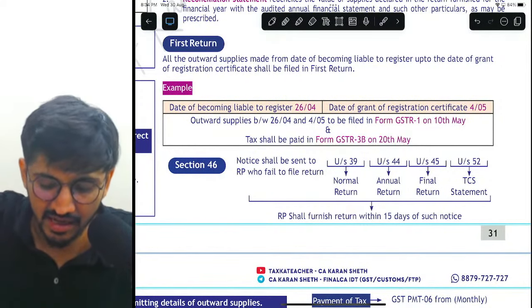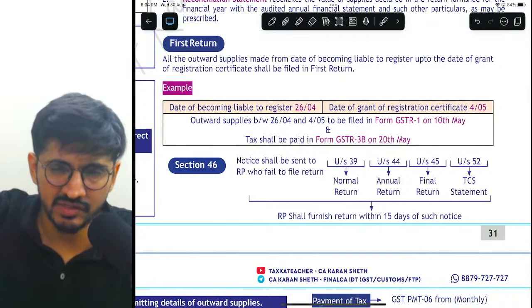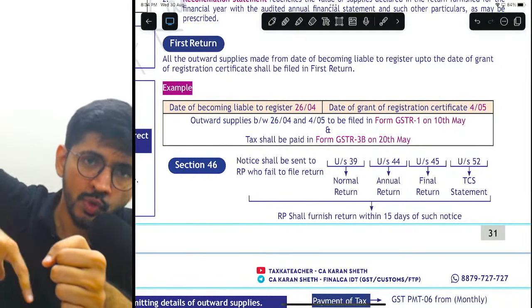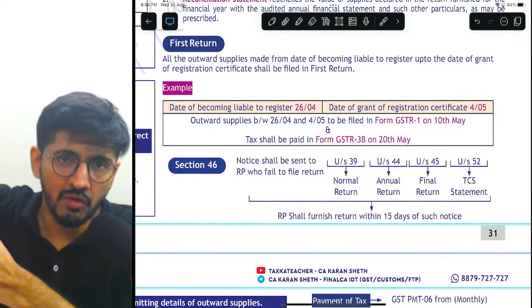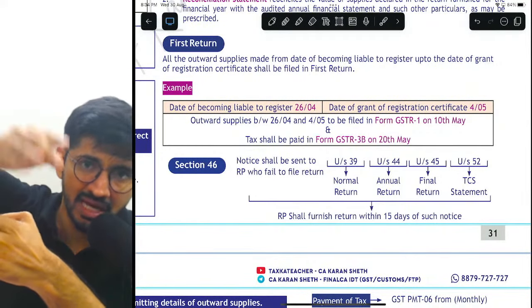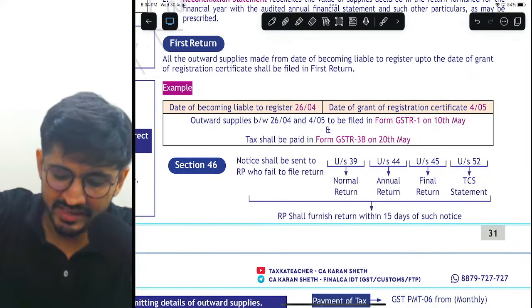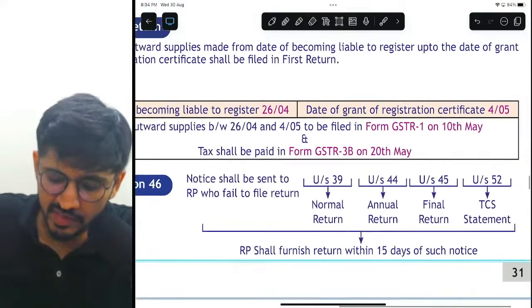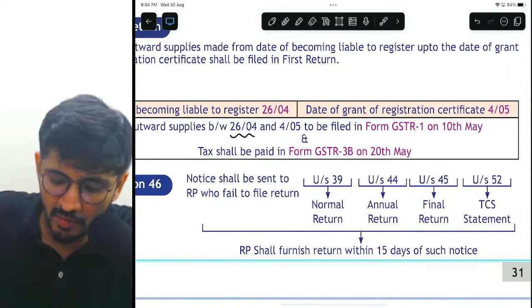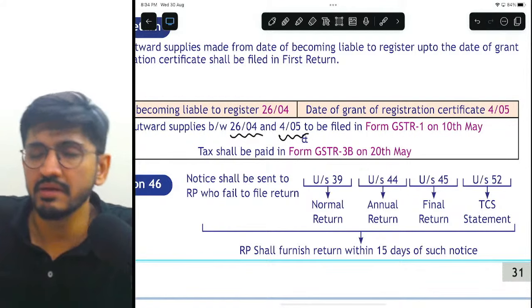In that case, understand, all those transactions between these dates, you will file the return immediately.